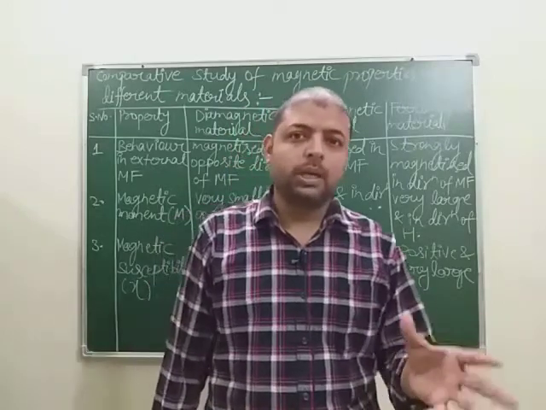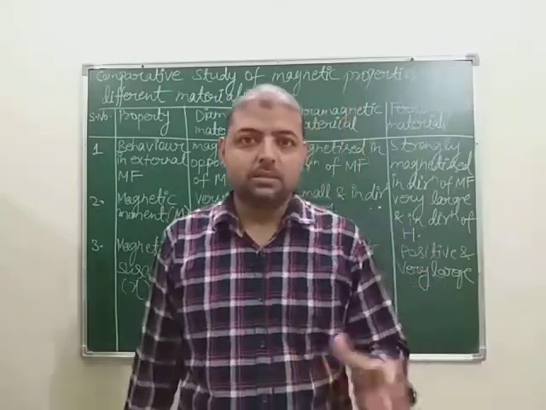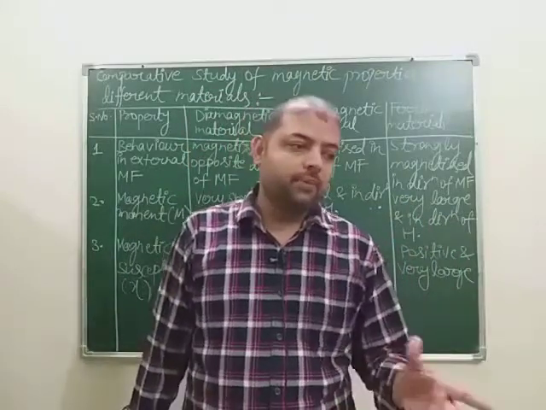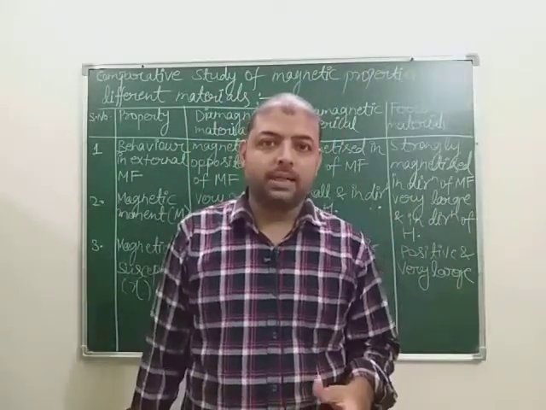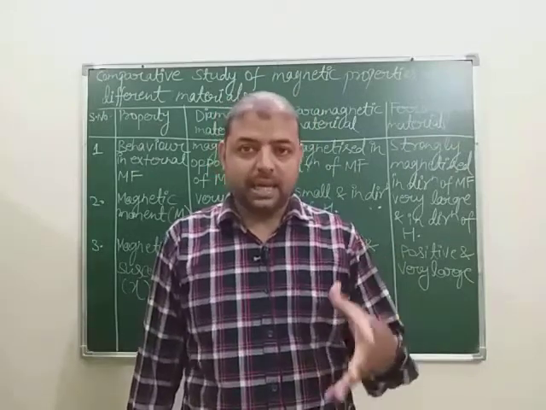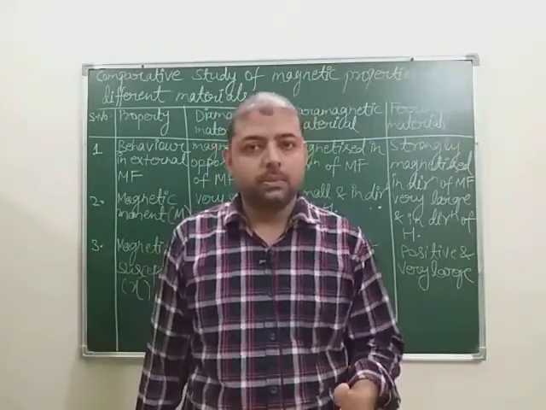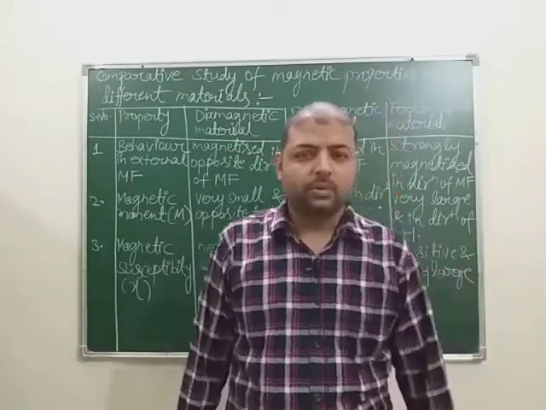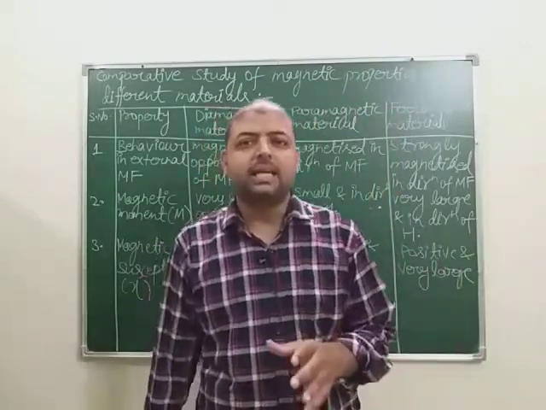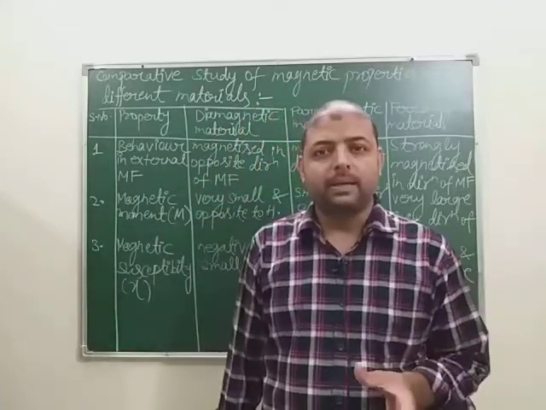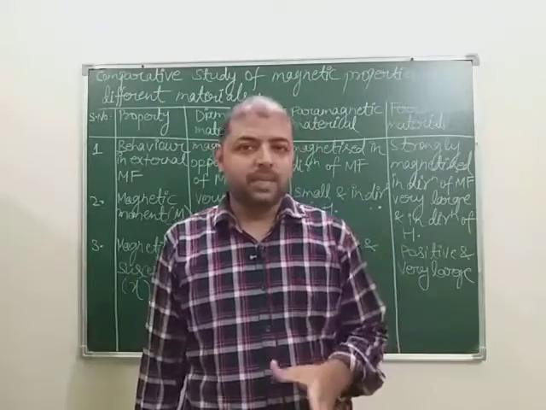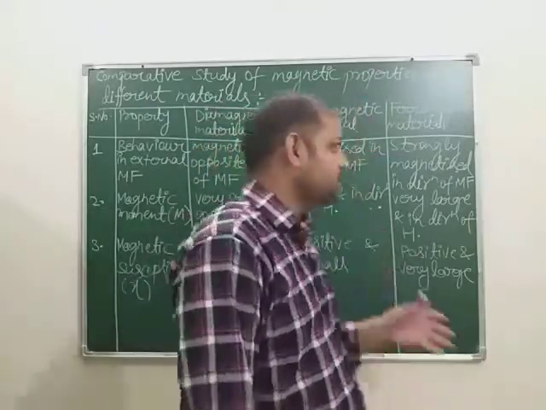The formula is 2kp upon r cube for the axial line, so here the formula will be 2km upon r cube. The formula for the equatorial line is kp upon r cube in electric field; in magnetic field, km upon r cube. Most things are similar, but the value of k is different. In magnetic field the value of k is mu naught upon 4 pi, and in electric field the value of k is 1 upon 4 pi epsilon naught. So this is the basic difference.